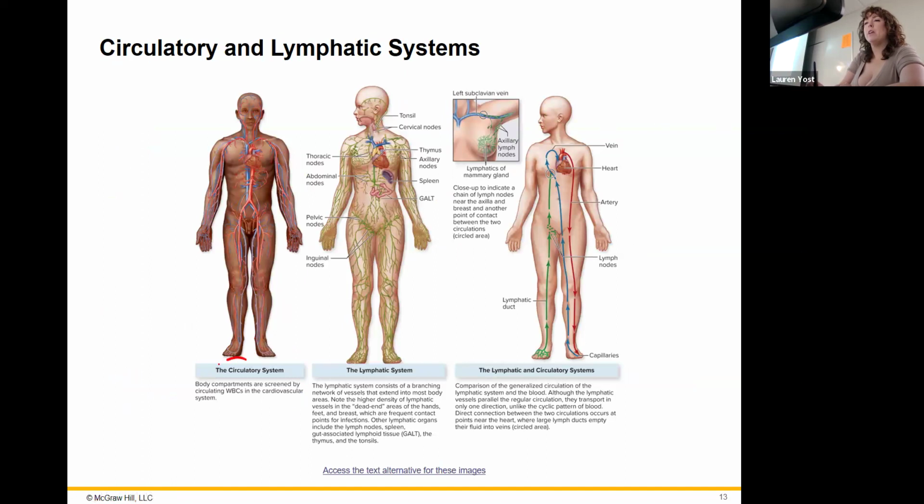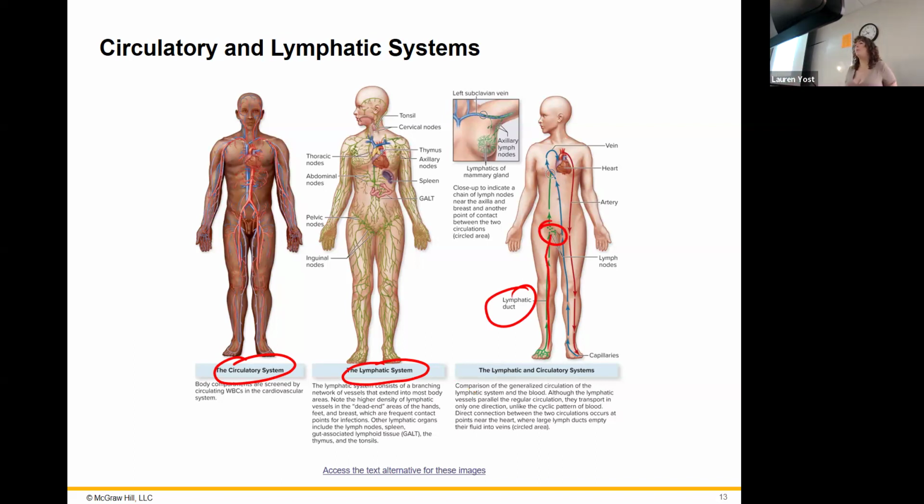If we were to compare the circulatory system, which we're very familiar with, to the lymphatic system, they often line up specifically because of their interaction with the circulatory system. I'm not going to ask you to point out all of this stuff in here, but it's the same concept here. Lymphatic ducts carrying from the extremities through lymph nodes. This is an example of the lymph nodes in the groin. I'm sure you guys are familiar that we have lymph nodes in the groin.